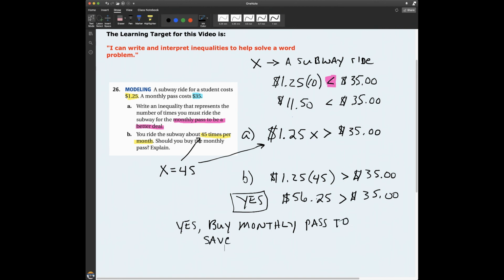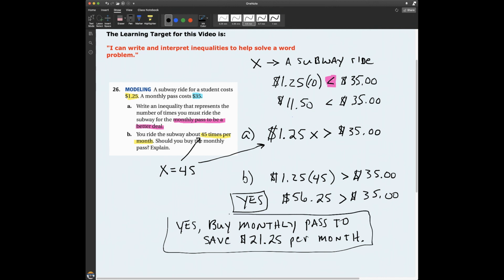I'll just take $56.25 and subtract $35 from it to save approximately $21.25 per month. Okay, so here's the explanation where it says explain. That's what I do here.